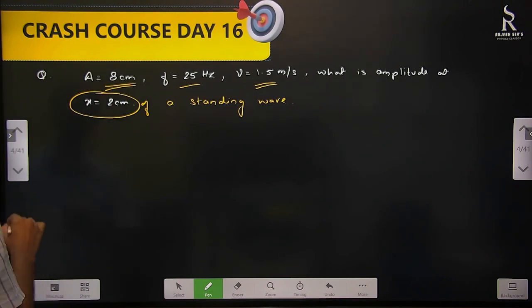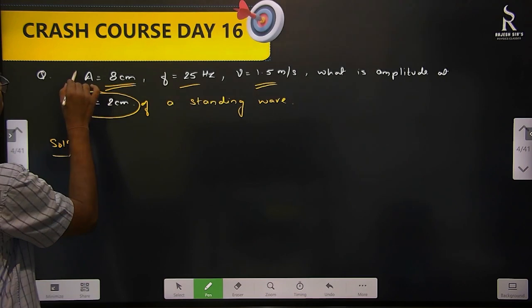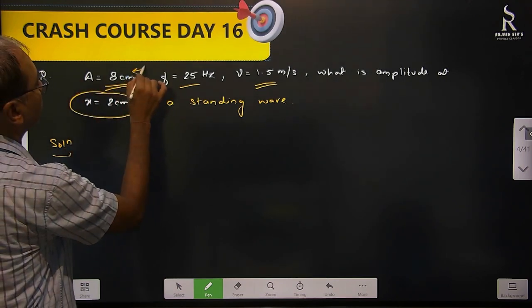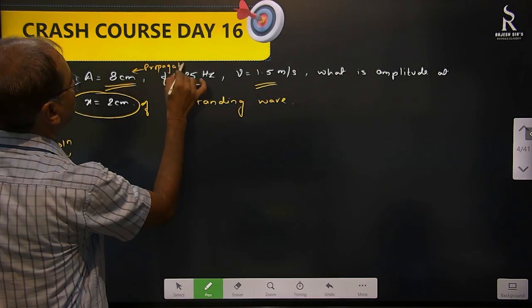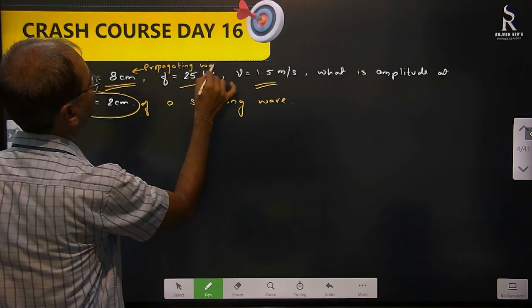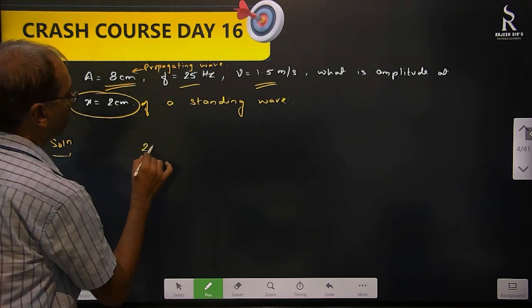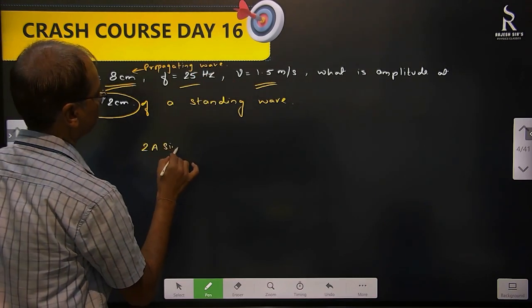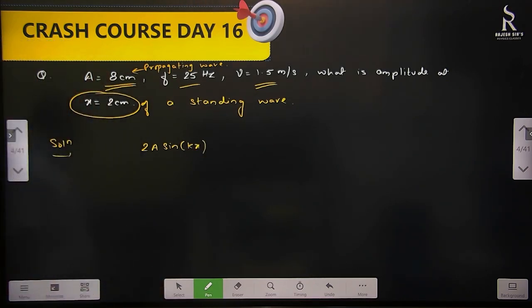Now we know what we have to do. If this amplitude is of the propagating wave, then the amplitude of the standing wave we will write as 2a sin kx. Okay, it's fine.